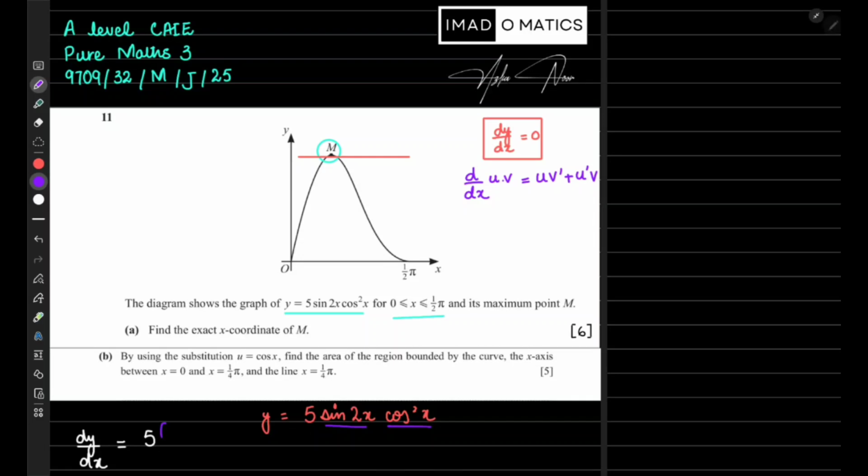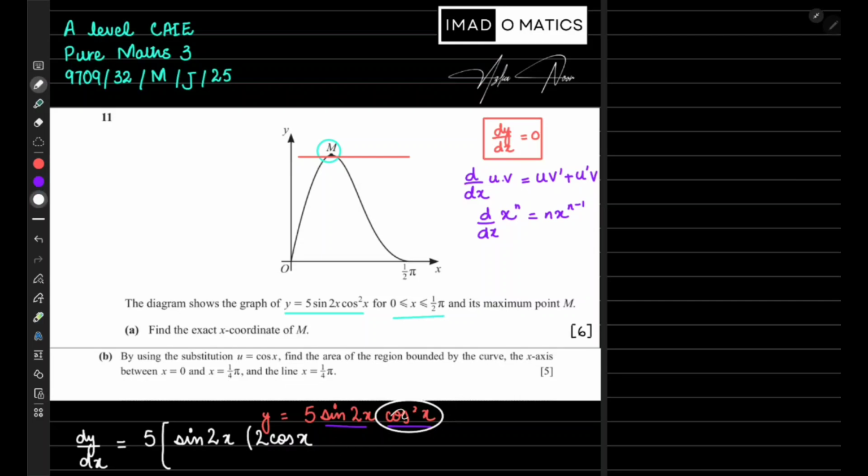We are taking 5 outside. First as it is means sin 2x. Derivative of the second is 2 cos x. We are applying first the power rule because the power is 2. As x to the power n has derivative n x to the power n minus 1, cos squared x means 2 will come at the start and cos to the power 2 minus 1.